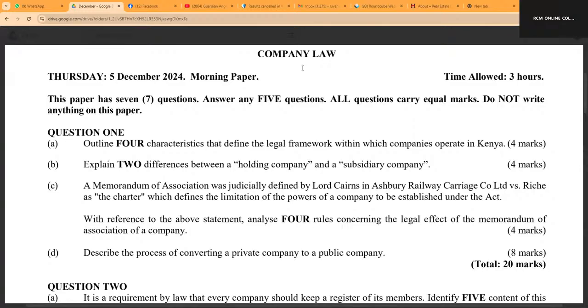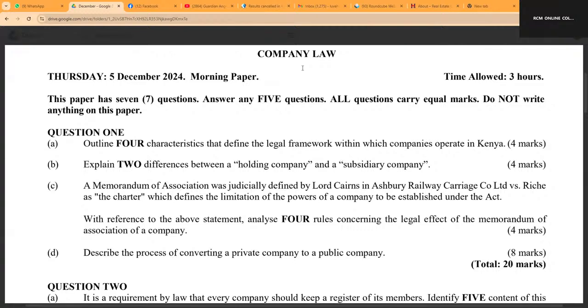While on the other hand, a subsidiary is a company whose shares have been owned by another company in the majority. What I mean by in the majority is more than 50%.